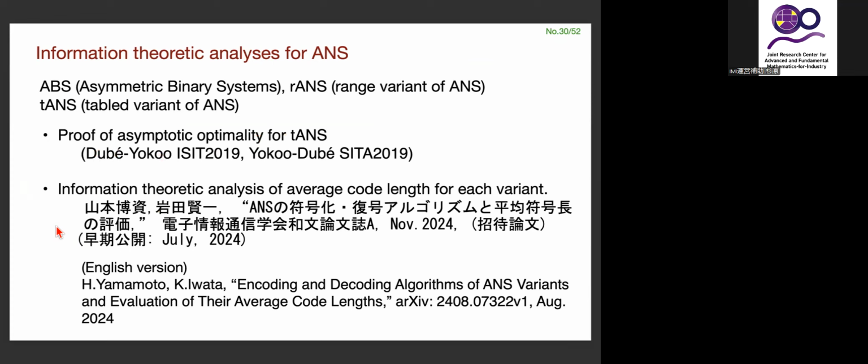Recently, we analyzed the average code length of each variant in detail, and the result is published in this invited paper written in Japanese. However, the content is translated to English, and this English version is uploaded to arXiv. So if you cannot read Japanese, please refer to this English version.